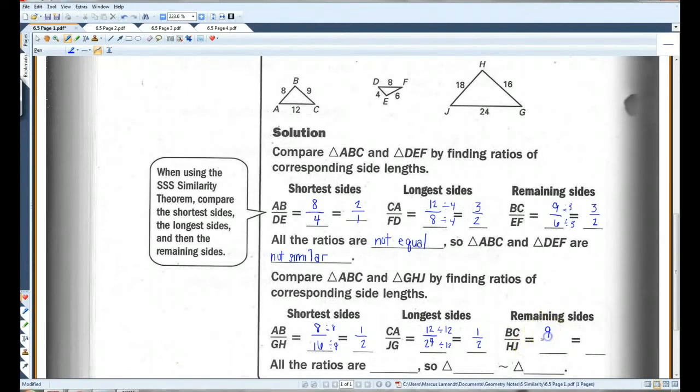BC is 9. HJ is 18. You divide top and bottom by 9. You get 1 over 2. All the ratios are equal. So, triangle ABC is similar to triangle GHJ. Make sure you put the letters in the correct order.